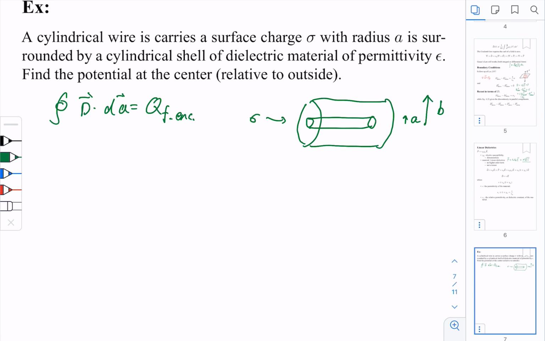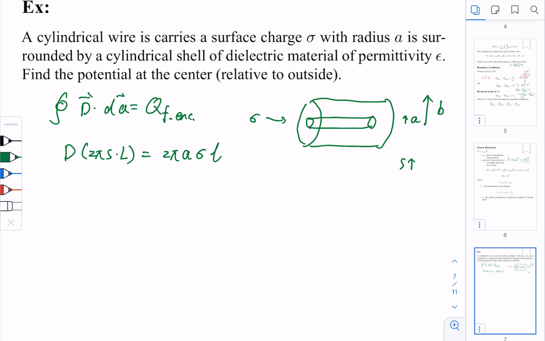On the side surface of the cylinder, the D is perpendicular to this surface, so the s is along this radial direction, and the size of this surface is 2 pi times s times l. Now the surface charge enclosed is 2 pi times a times sigma times l.